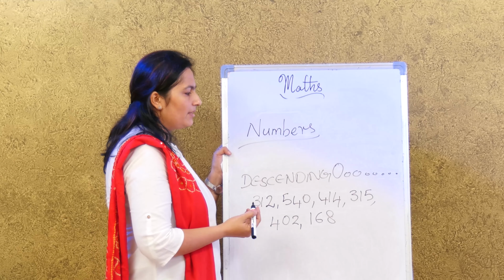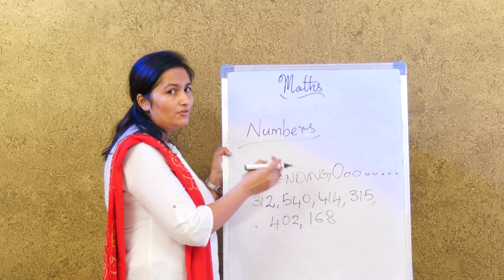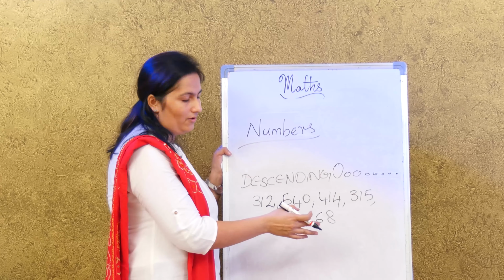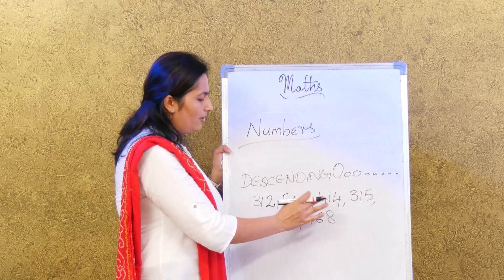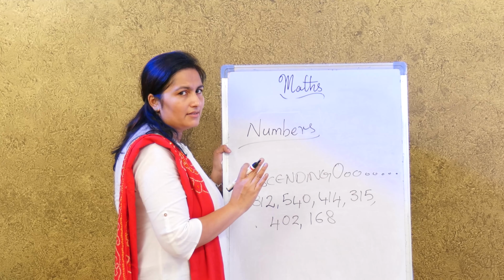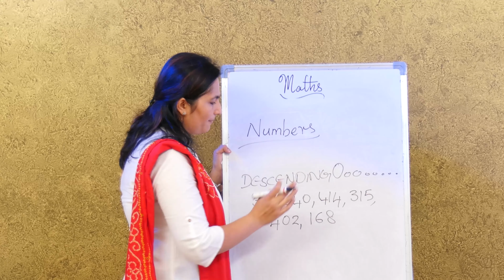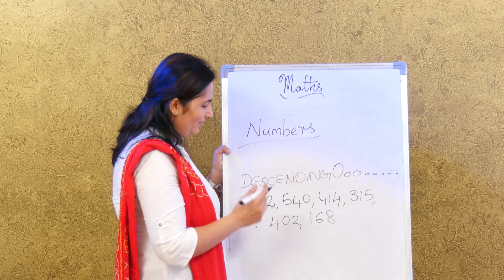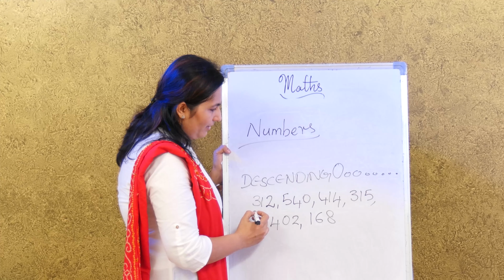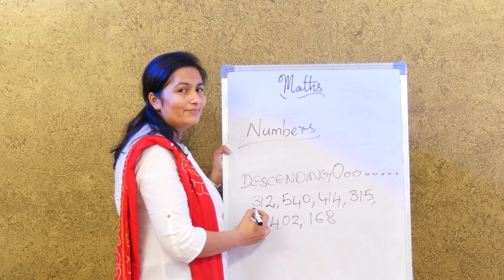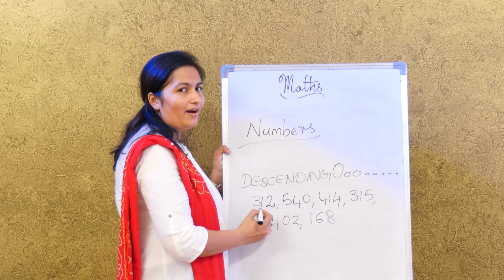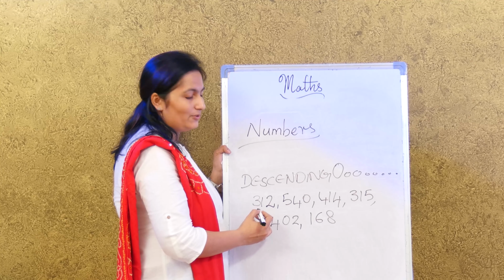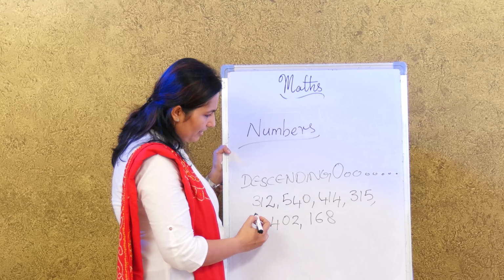So, let us see how to go from big to small. Let us see what the numbers are. They are all 3-digit numbers, not one with fewer digits. So, they are all the same. Then we will follow our technique 2. We will look at the digits in the hundreds place value. Okay. Let us look at it.